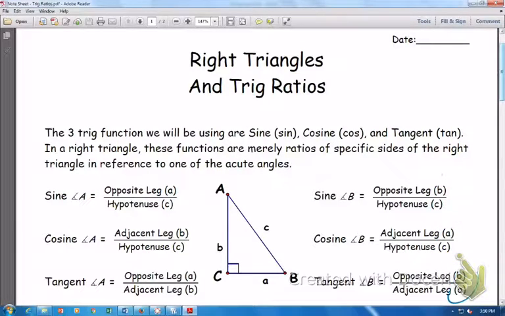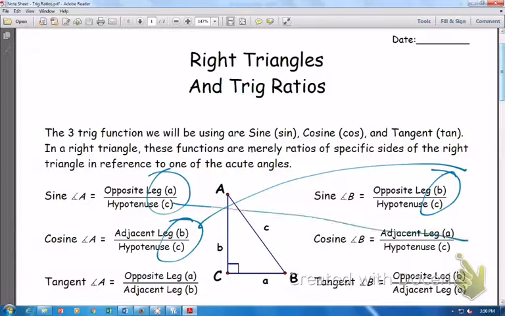Now, I do want to point this out. In the same right triangle, the sine of one angle is the same as the cosine of another. See these ratios? They're the same. So here and here, they're the same. They just flip-flop, sine and cosine.